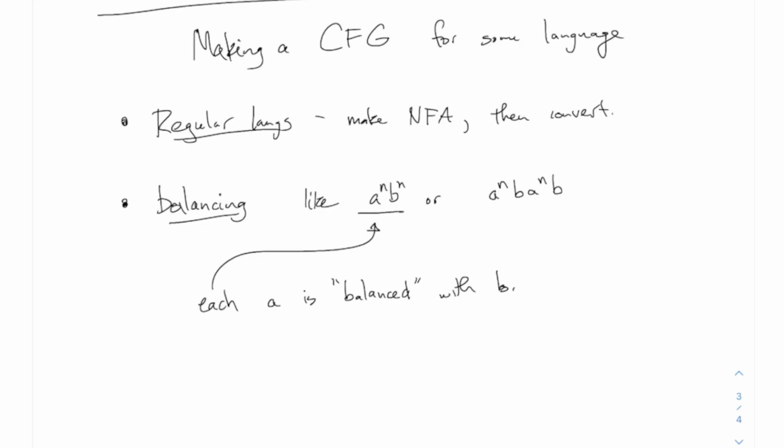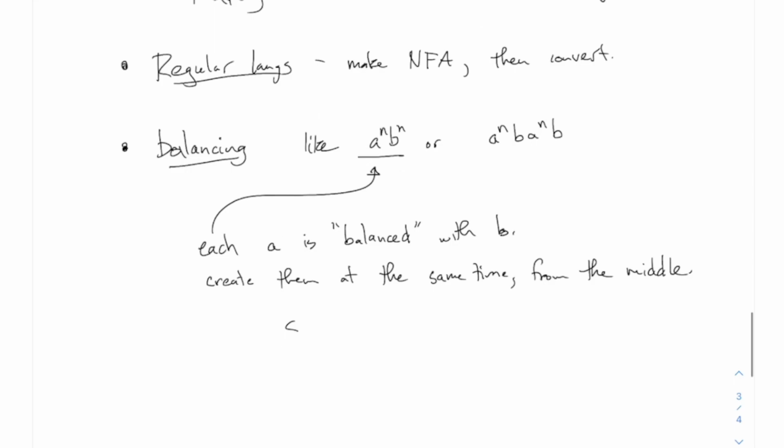And the strategy for doing this is to create them at the same time from the middle. And because we've already done this example so many times, you will understand what I mean by from the middle, like this. All right?